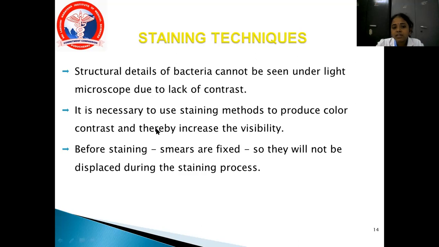Before staining, the smears are fixed so they will not be displaced during the staining process.